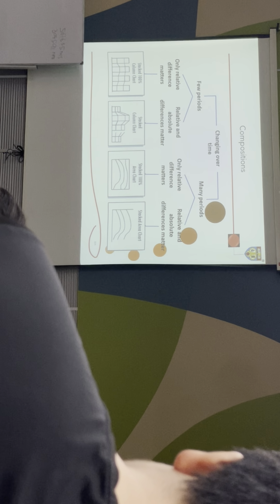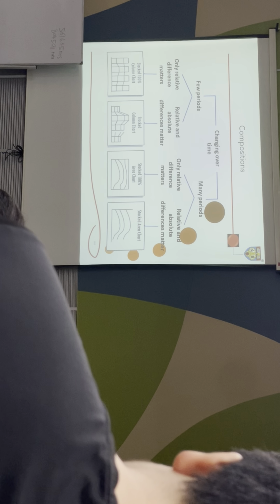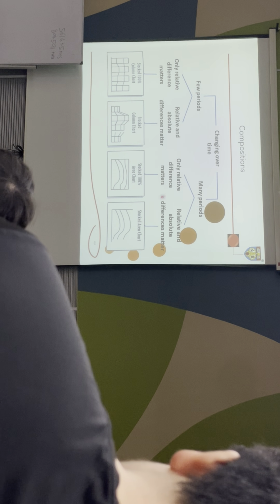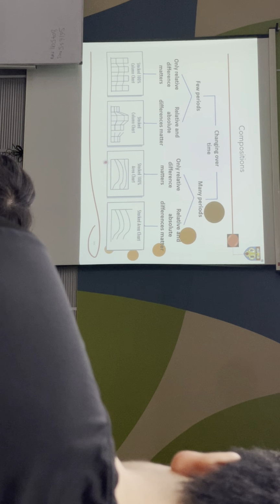In terms of many periods, if you are focusing on only relative difference methods, you can also use stacked 100% area charts. But for relative and absolute difference methods, you can choose a stacked area chart.